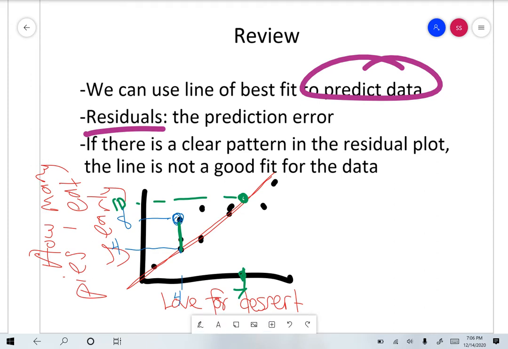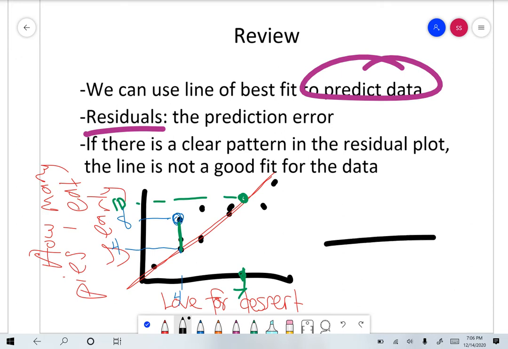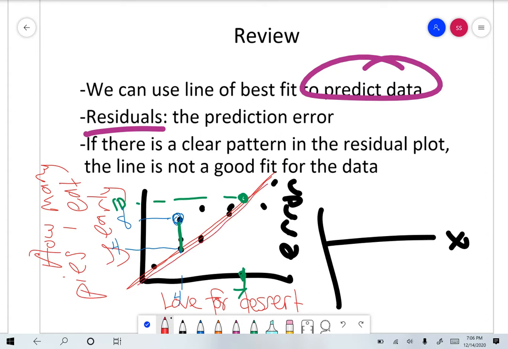And then residual plots. Basically, we're looking at your x value and your error, that residual. It's going to look like the line with the data tilted, so we would have a couple dots above and a little below, kind of like that.